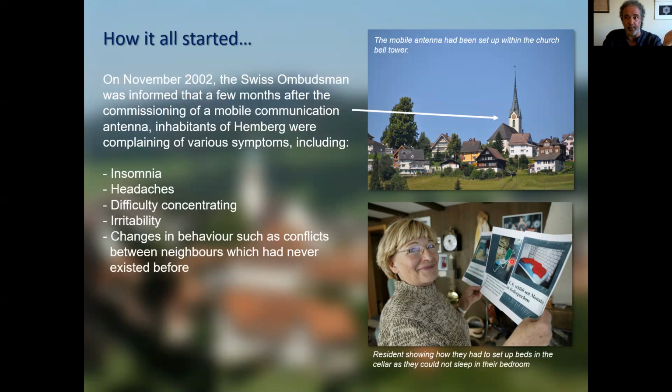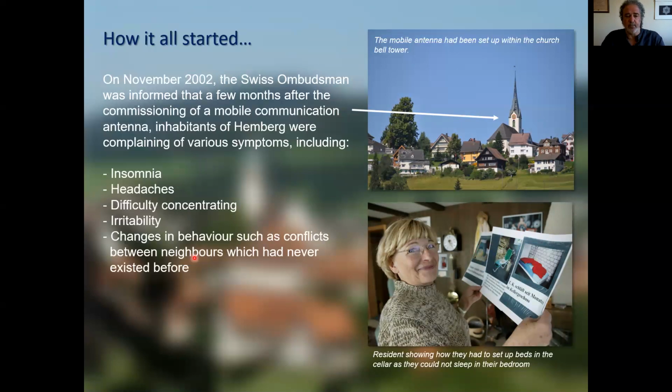So they couldn't sleep in their bedroom anymore, but when they slept in their cellar, it was all okay. It may be because, being underground, they were less reached by radiation. You may know sometimes you go into a basement and you don't get so much of a mobile signal. And secondly, the presence of the firewood may have also absorbed some of that radiation.